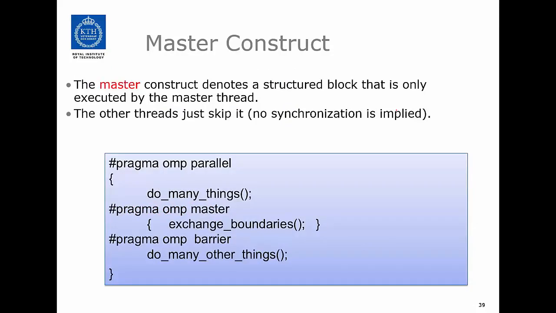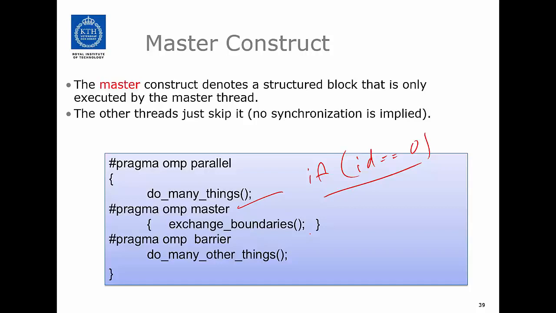The master construct is a way to declare or make a structured block be executed only by the master thread. So the master thread is the thread with thread ID 0. So this is the same thing as if ID equals 0. That's the same thing as pragma OMP master.